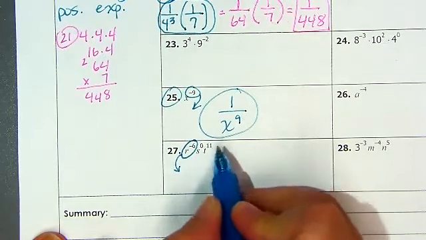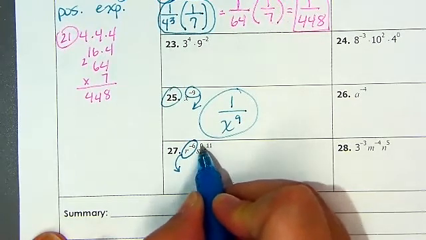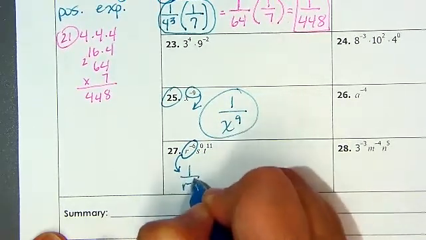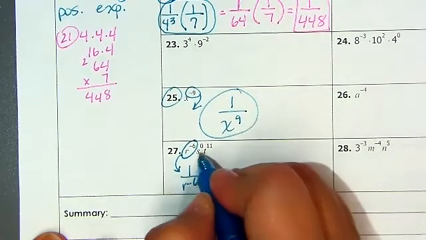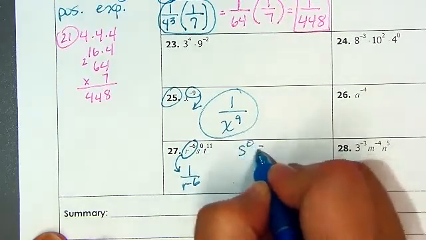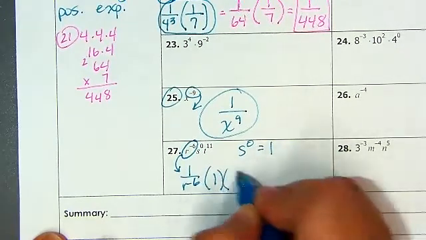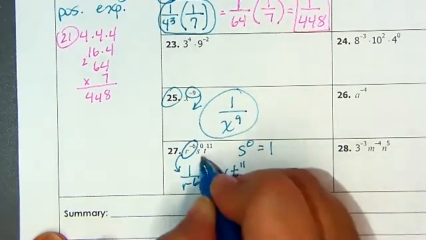The rest are positive. Ooh, when I look at this, this is s to the 0. So therefore, I'm now going to have 1 over r to the 6th, s to the 0. Remember, s to the 0 is going to equal 1. So now I have times 1. And then I have t to the 11th still at the top.